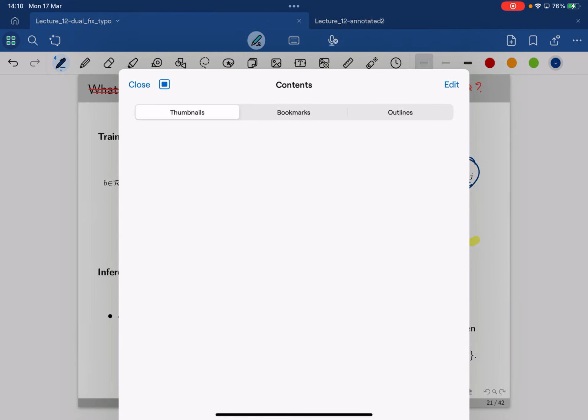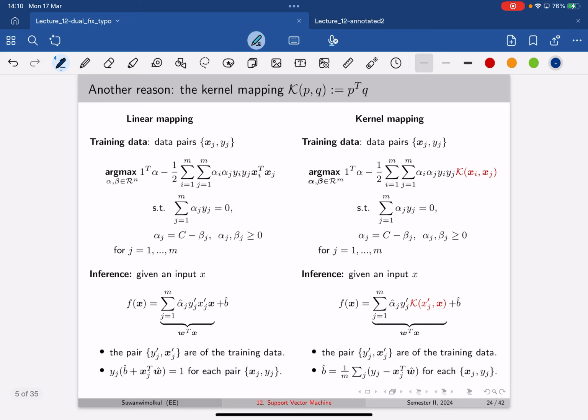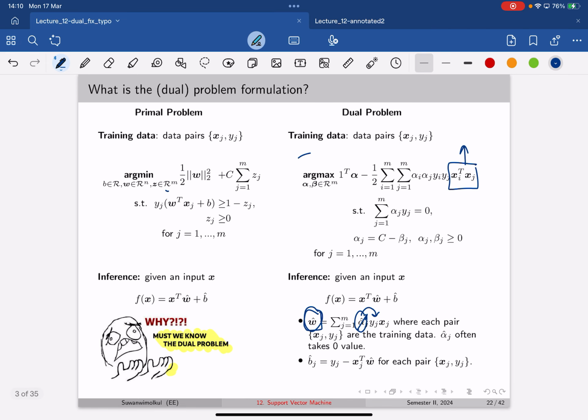So that is the second reason why you probably want to turn your primal SVM into a dual problem. For now, just know that there are two reasons, but we will see how we turn this primal problem into the dual problem, and we will see how this can happen.